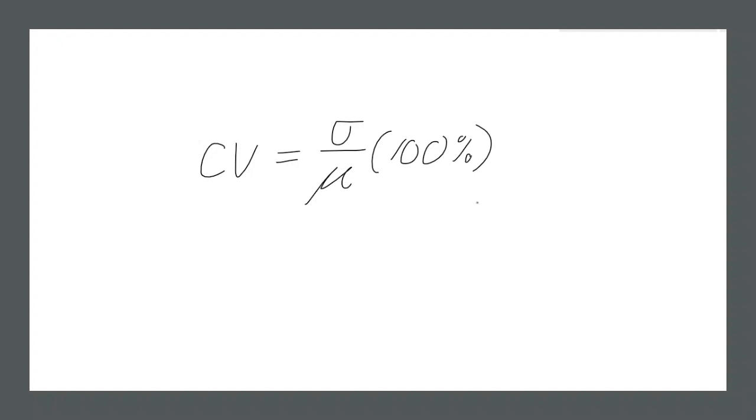If you're working with a sample instead of the population, then it would be the sample standard deviation divided by the mean value. Again, you might leave it like that, or multiply it by 100% to put it in percent form. That's why it's called the percent standard deviation as well as the coefficient of variation, because it's showing what the standard deviation is as a percent of the mean value.